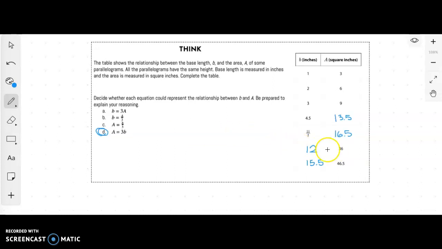In our last 2 rows, we didn't multiply B by 3 to get A. We took A and we divided by 3. And so another option could be that we take the area and we divide by 3, which is option B. So we have 2 options that describe this relationship pretty adequately. It's important to talk about when each of these would be useful, like why have more than one. And so we're going to take a look at that right now in our meaningful notes.